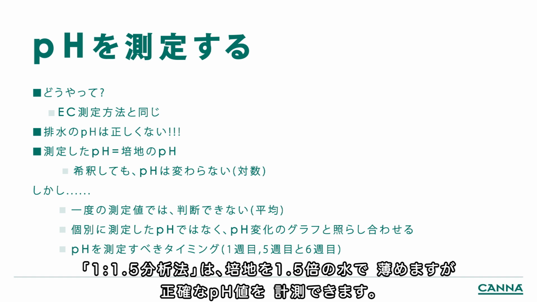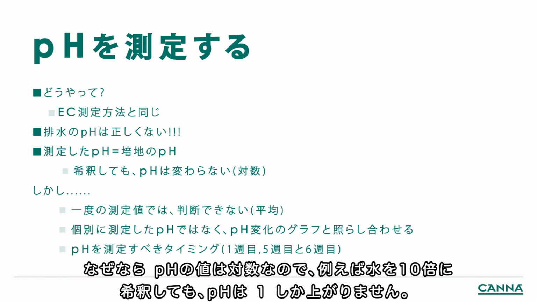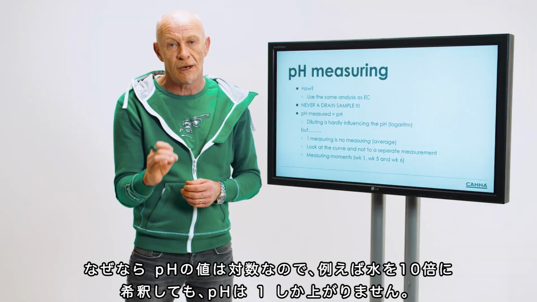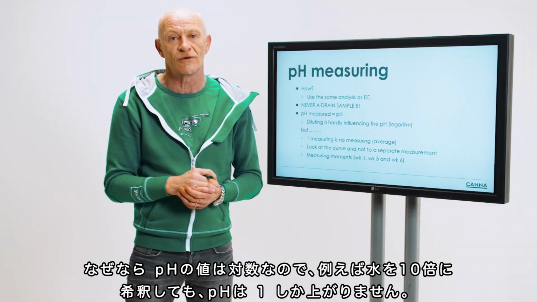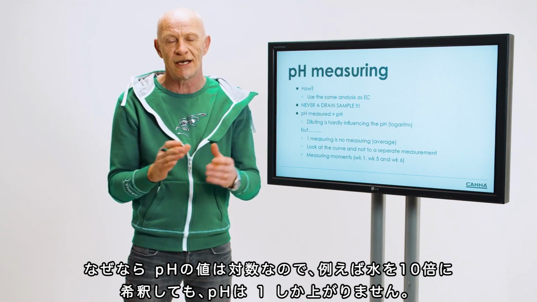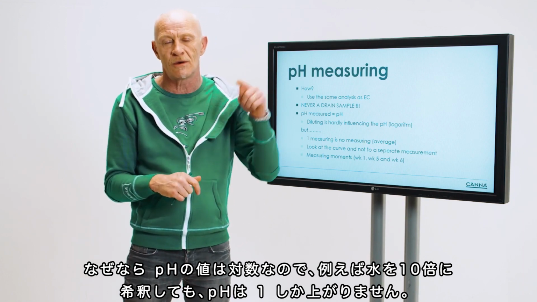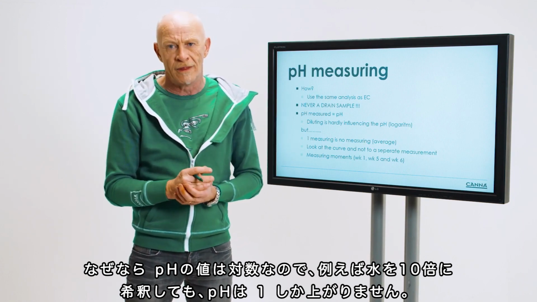If you get it back, realize that the pH what you have is maybe a little bit diluted, but the number you get is the real number, because the number of a pH is a logarithm. So even when I dilute it 10 times, the number goes only up by 1.